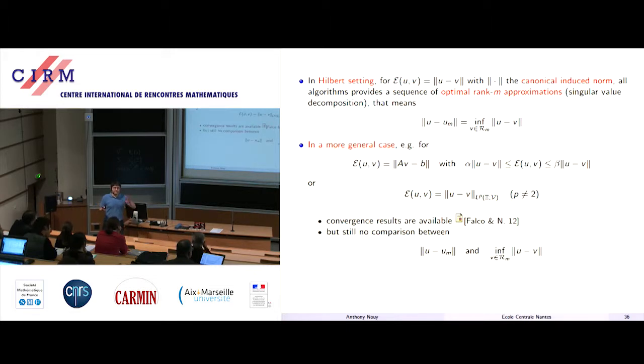I don't know. There are results in the L-infinite case with greedy type algorithms for reduced basis. In this situation, the LP case, and even in the L2 case, even in a simple Hilbert setting, we don't have results, only experiments.